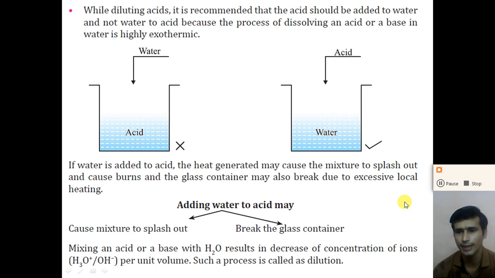In a dilute acid the content of water is more compared to the acid. In the same way, when the amount of base in a solution is less and the content of water is high compared to the base, it is called a dilute base.